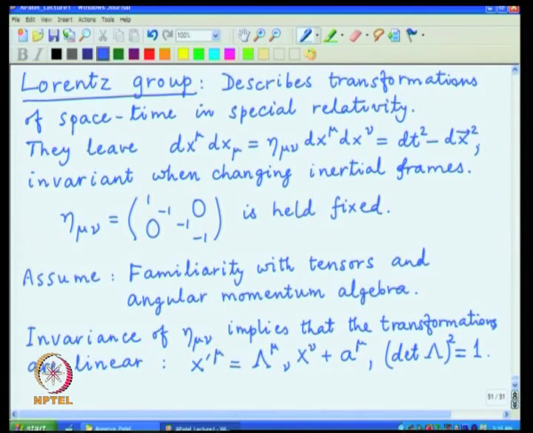And this then becomes a definition of the Lorentz transformation, which is equivalent to writing down what is held invariant.